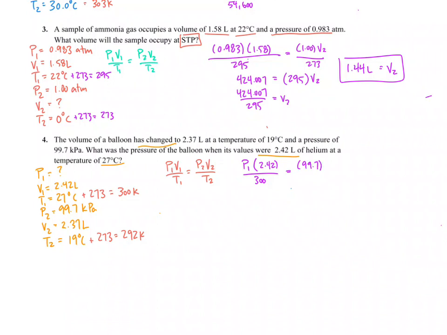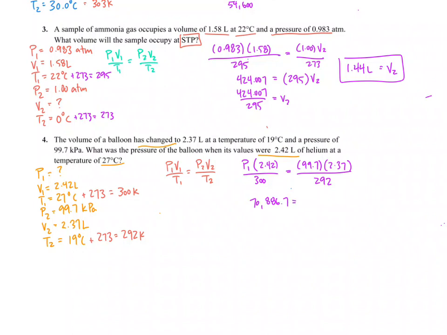My new volume is 2.37. And my new temperature is 292 Kelvin. So cross multiply. 99.7 times 2.37 times 300 gives you 70,886.7.